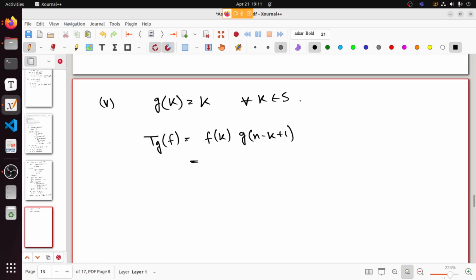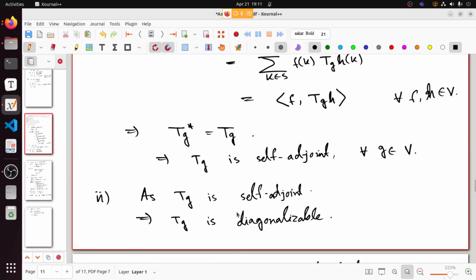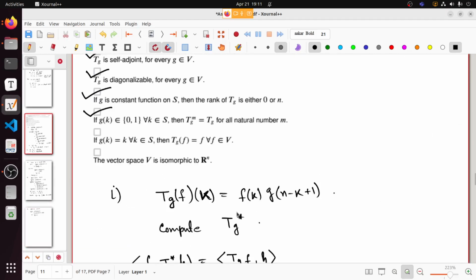And this will be same as, because g_k is k, n minus k plus 1 times f_k, and this is not equal to f_k, right? So therefore T_g f is not equal to f. So option number 5 is false, because this is not true for all functions.